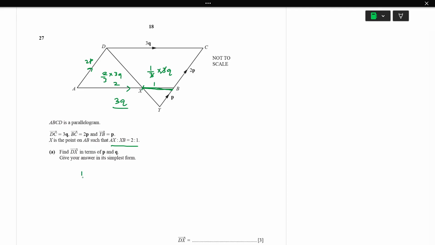So DX, I can write as DC plus CB plus BX. DC equals 3q, then CB equals minus 2p, because we are coming the opposite way, then BX equals minus q, opposite. So 3q minus q is 2q, minus 2p. That's the answer, 2q minus 2p.